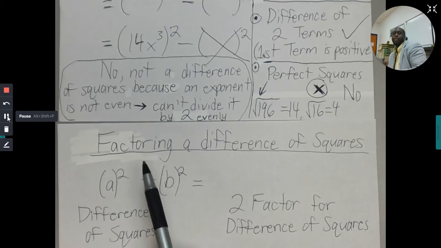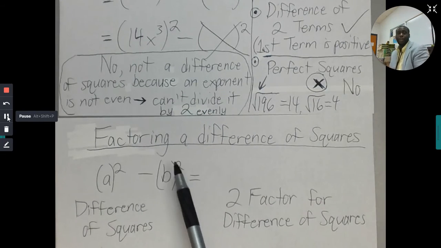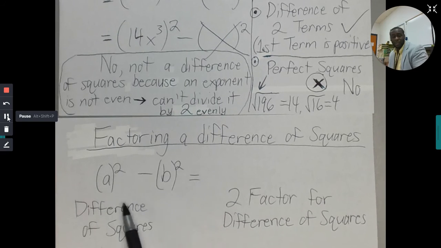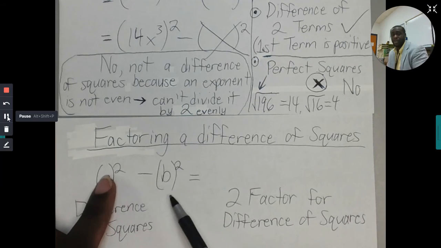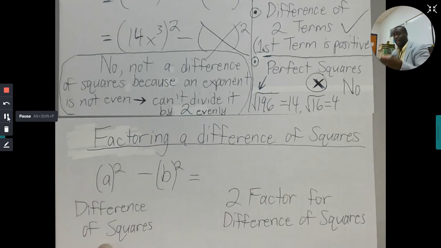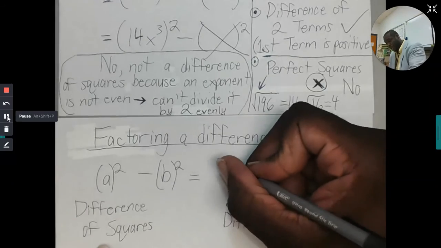So, when we are talking about factoring a difference of squares, first off, if we know that it is a difference of squares and we're able to identify that it can be written in this form, something squared minus something squared, then we can actually factor that difference of squares, and we can write out the 2 factors for it.